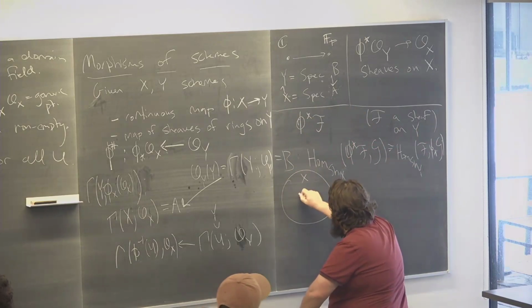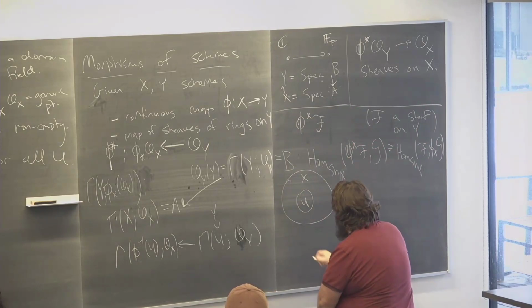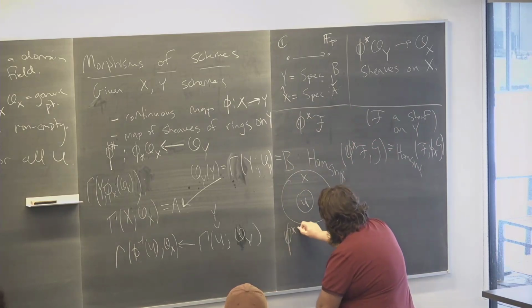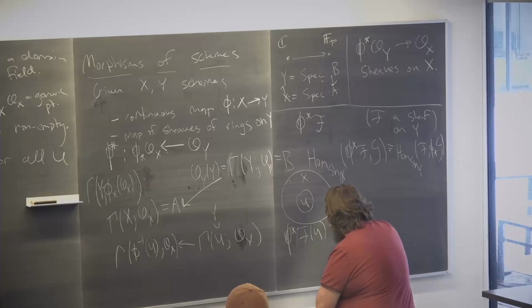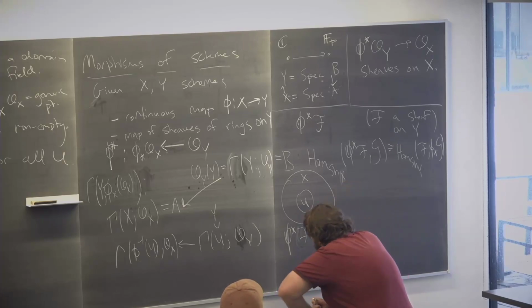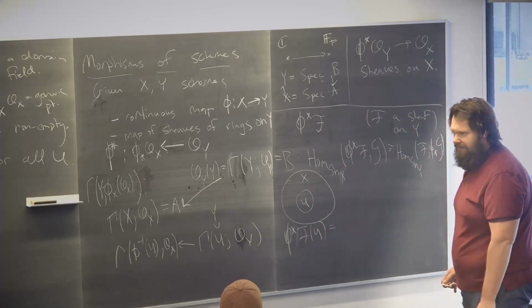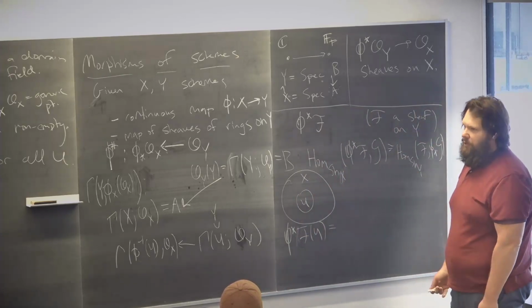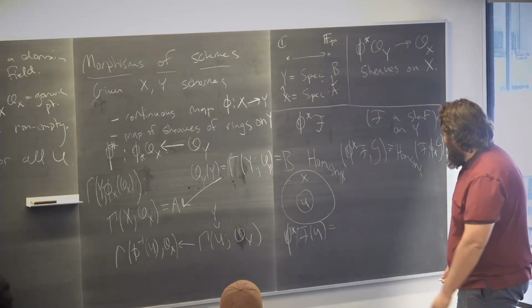So I'm going to look here. Here's my X. Here's an open subset of it. And I want to define what this pullback applied to U is. And the annoying thing is, well, somehow the pre-image of an open set under a continuous map is open, but it's not true that the image of an open set under such a map is open.